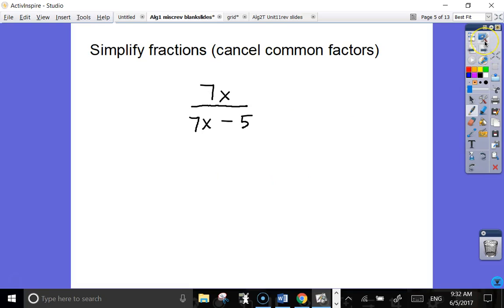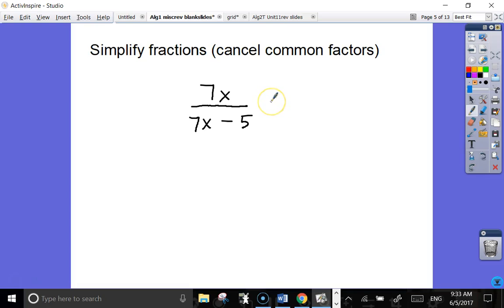Okay, here we go. What about that one? Would the 7x's cancel? No. Why not, Kai? Because you don't have stuff on the top. Because if you cancel out the 7x's, it'll be nothing.